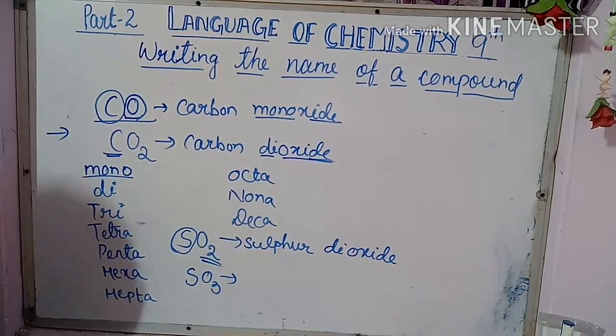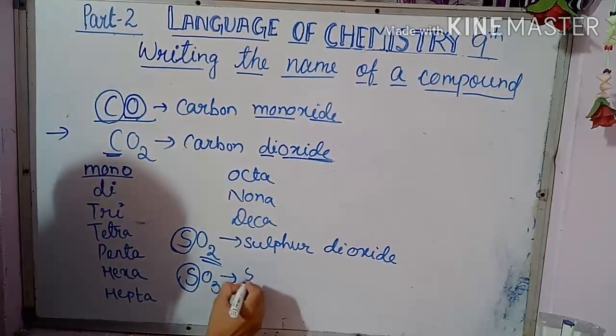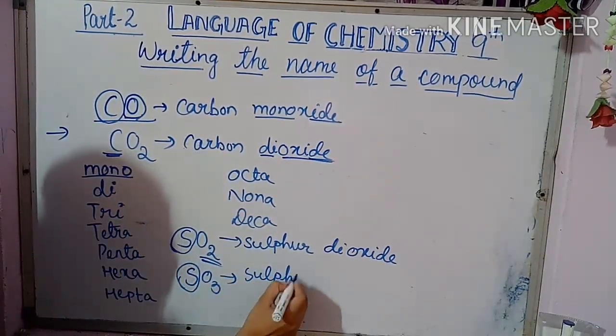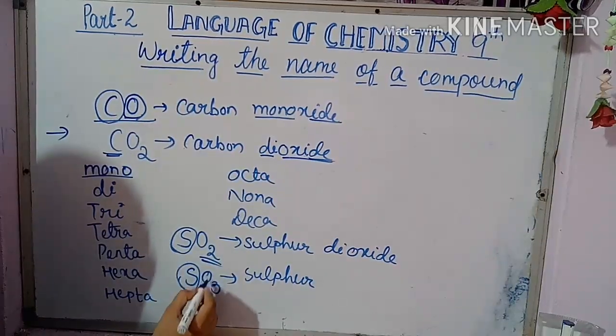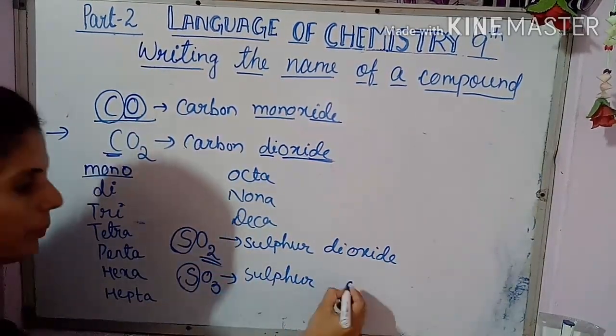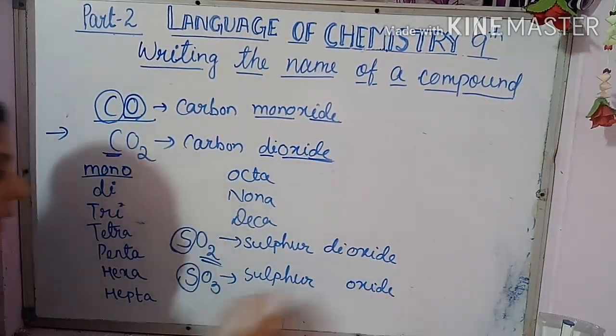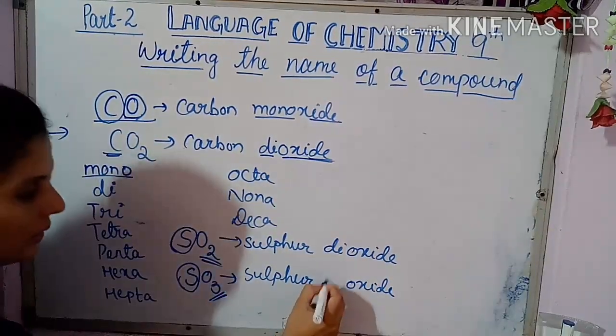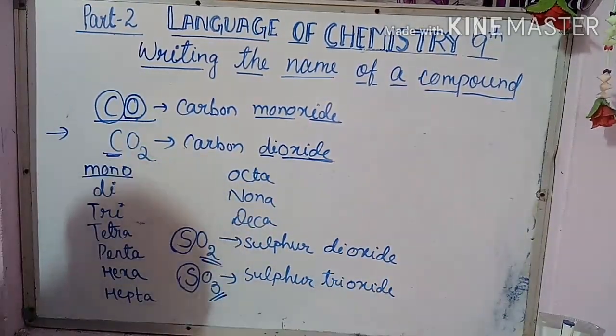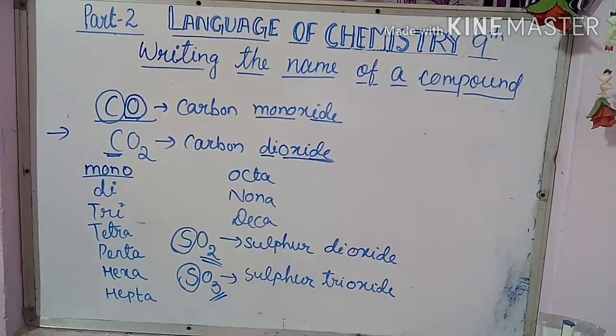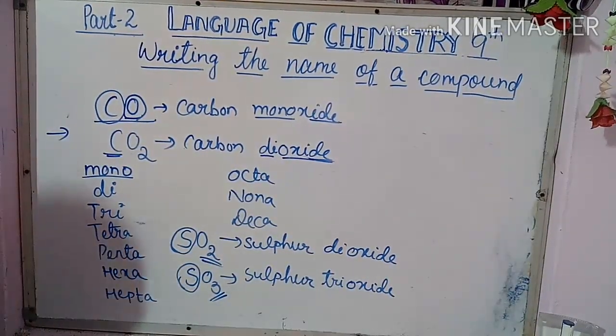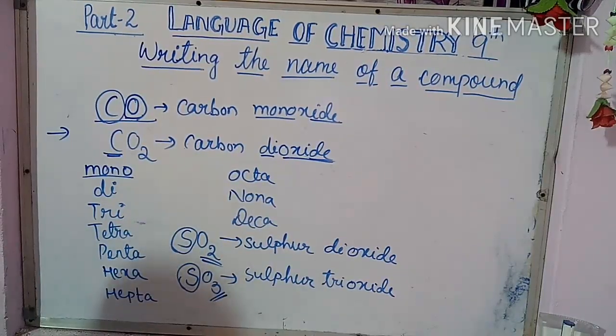Same you can apply. S is sulfur, O is 1 atom present in the radical, that means oxide. How many oxygen? Trioxide. So in this way you can give the names of compounds. Now let's go to the names of compounds in which 3 elements are present, with 3 or 4 oxygen. Now let's see.